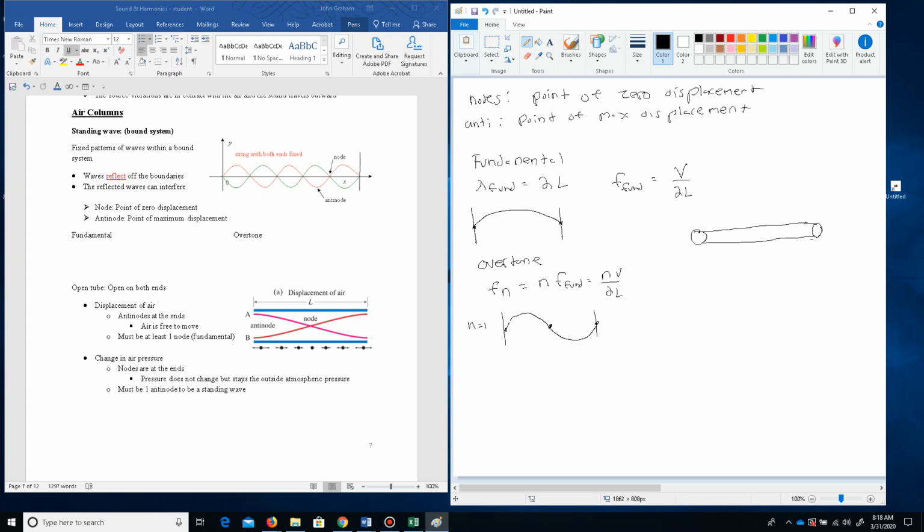If we look at change in air pressure, the pressure does not change on the outside, and so you have the nodes on the outside instead. There must be one antinode to be a standing wave, so that would be on the inside. Let me see if I have a picture of this.